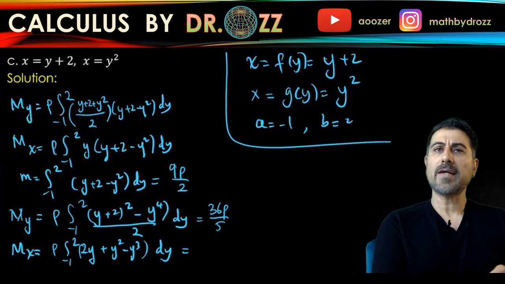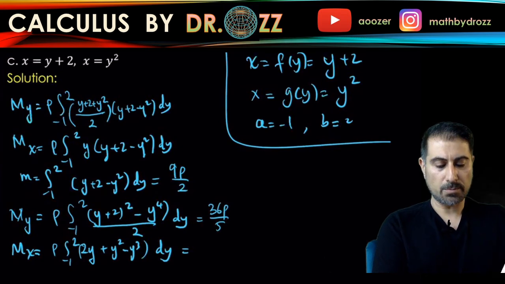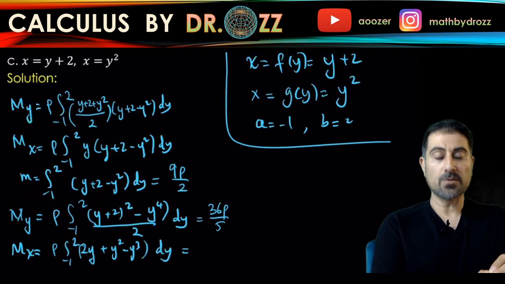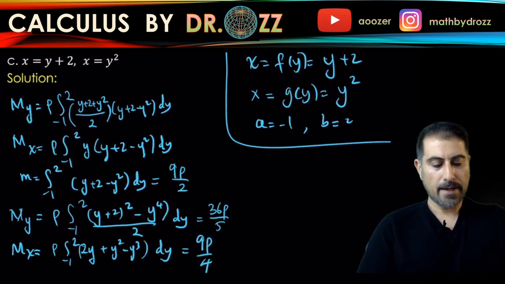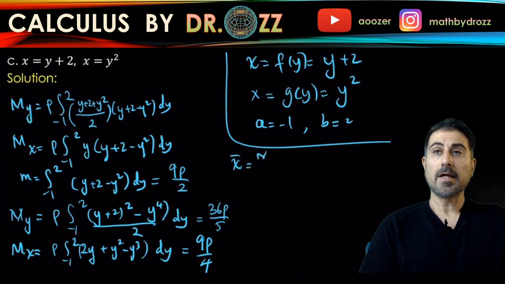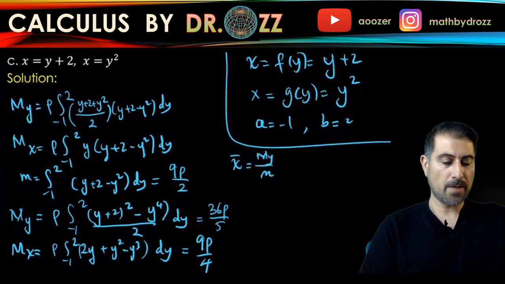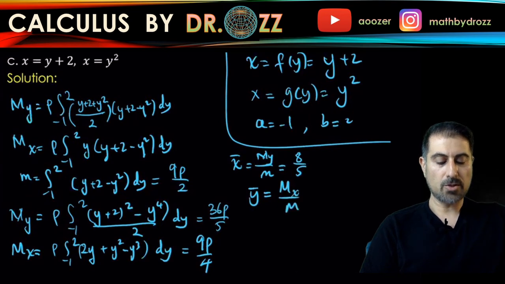And m sub x is going to be 9 rho over 4. Okay. And now we can go ahead and write x bar as m sub y over little m, and that's going to be 8 over 5 after we simplify, and y bar is going to be m sub x over m, and that is going to be just 1/2.